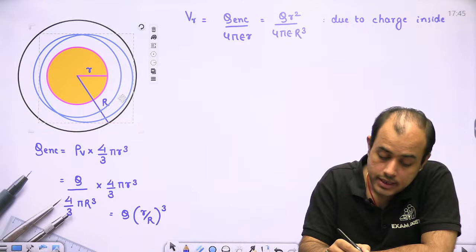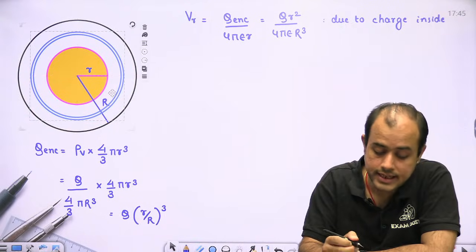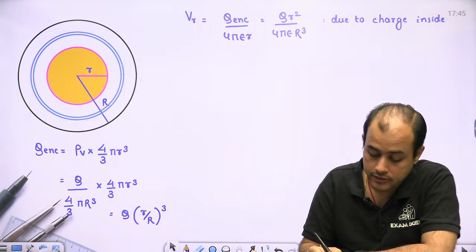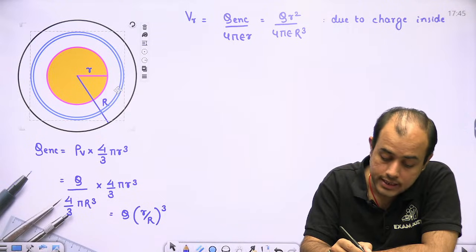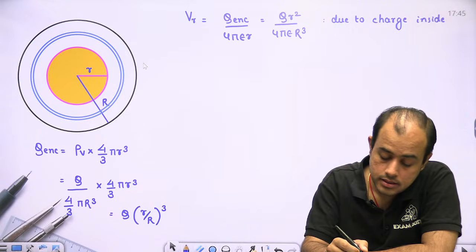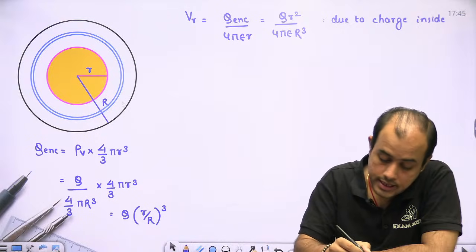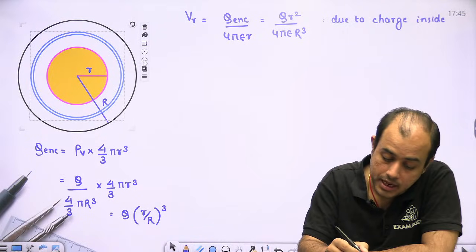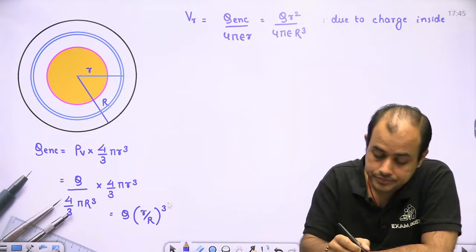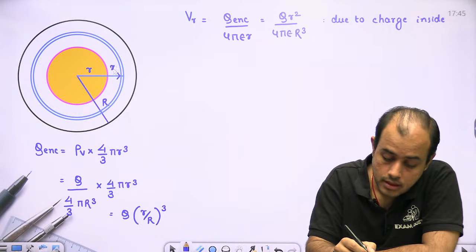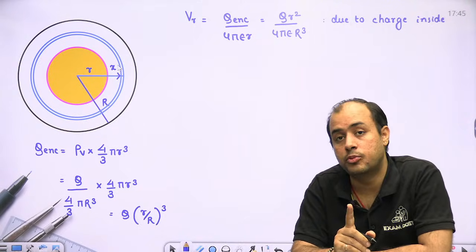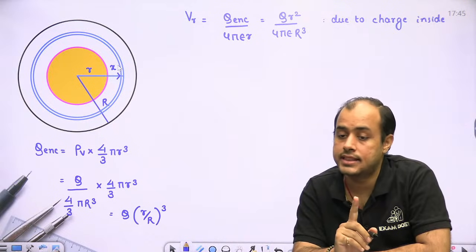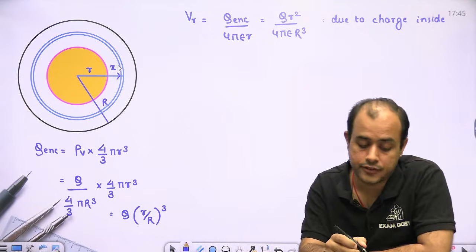Because you know, even if the charge lies outside a sphere, अगर चार्ज बाहर भी लाई करता है बेटा, then also the potential inside is same as the potential at the surface.